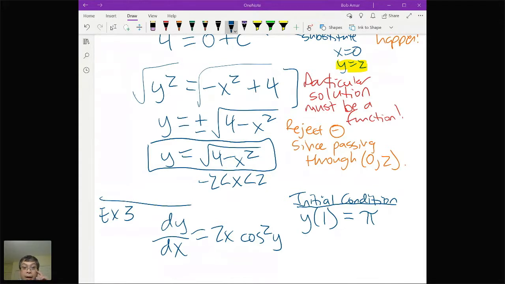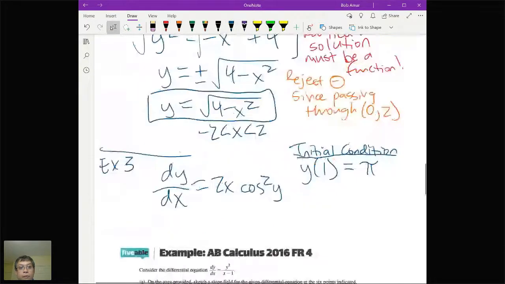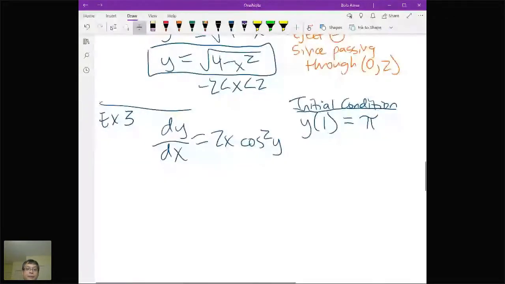Okay. All right, I'm going to go ahead and start working through this problem. It's got quite a few moving parts. It's the square of cosine, but you notice that it's on the right side, Nikita. So I did you a favor here and I put it in separable form for you.